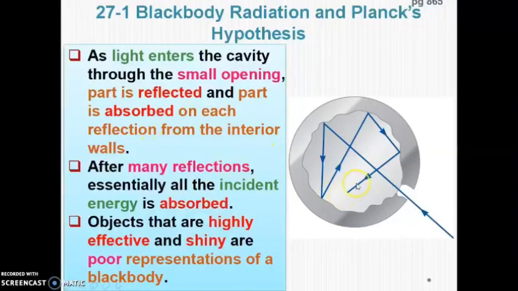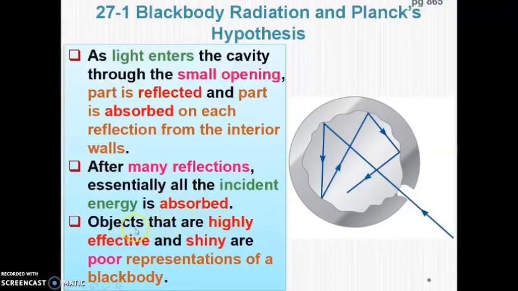Part of the light is reflected, part is absorbed in the wall, and finally all the light is absorbed in the interior wall. After many reflections, essentially all the incident energy is absorbed.